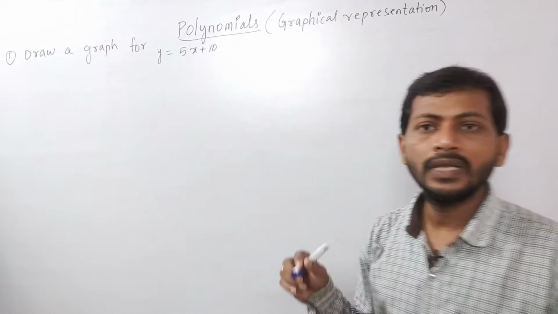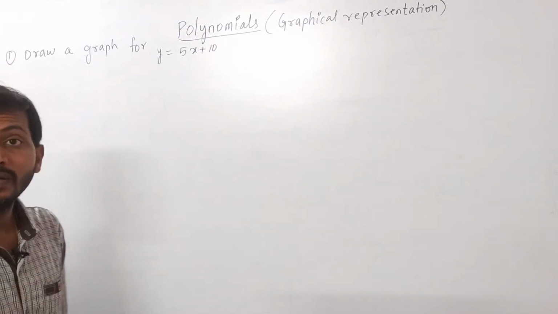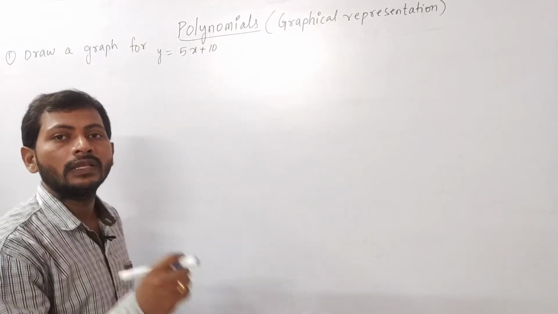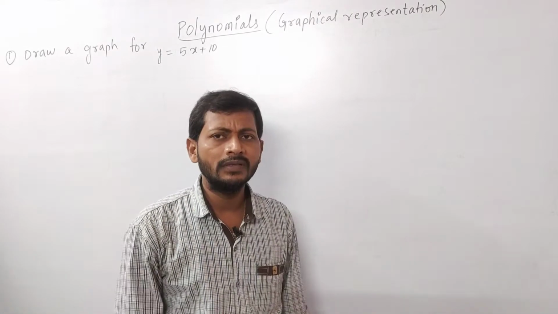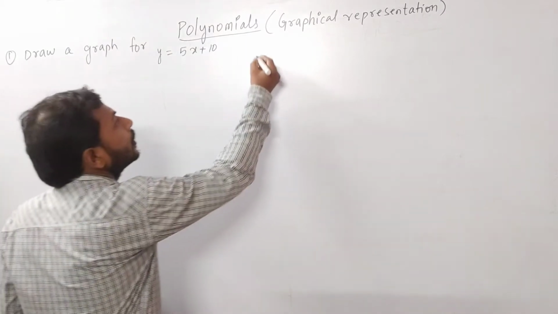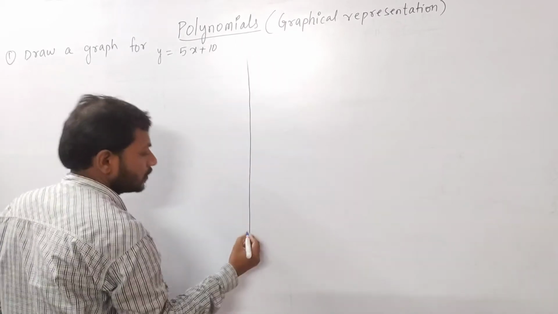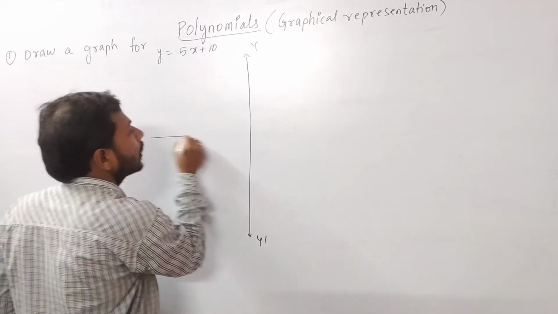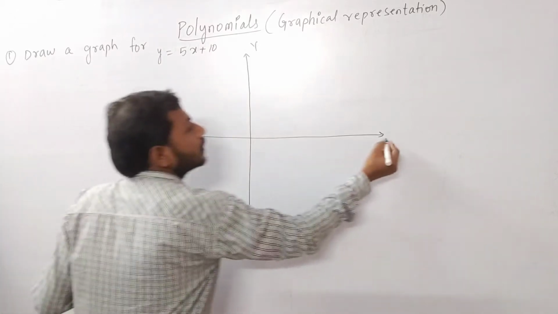I hope you have learnt this in the 6th, 7th or 8th standard: to draw a point means to identify or represent the points on the graph paper. The graph paper contains the y-axis, called y dash, and the other line, the x-axis, called x dash.